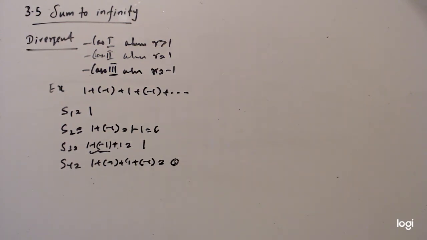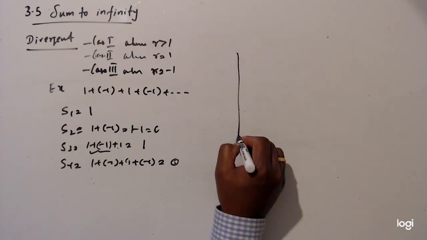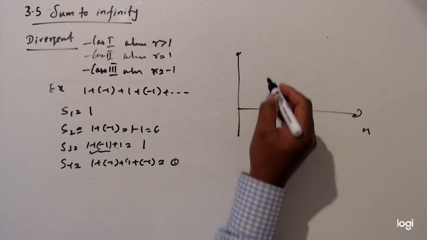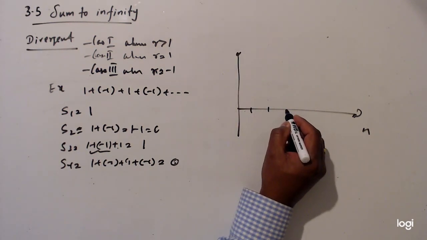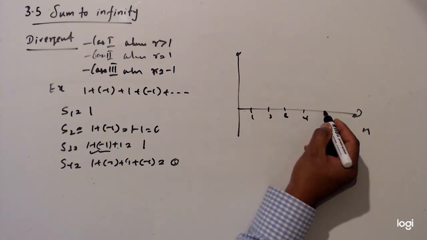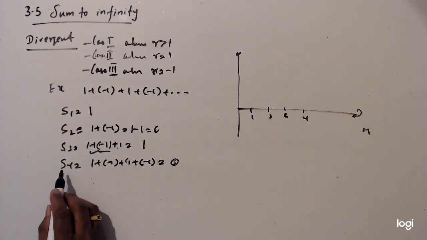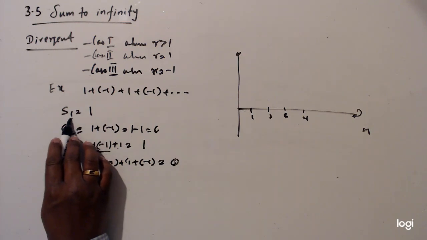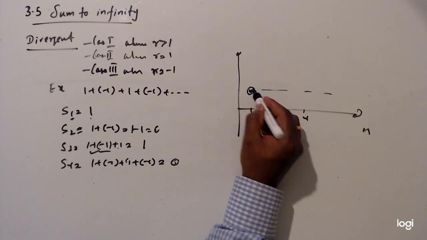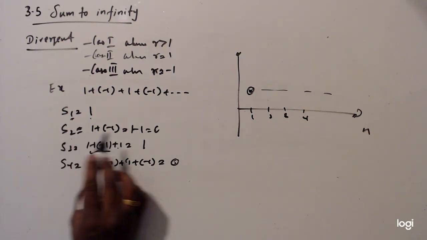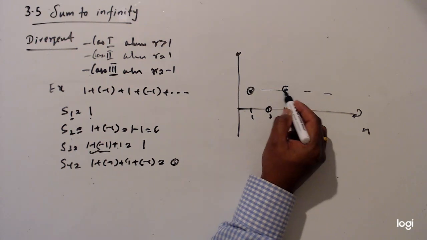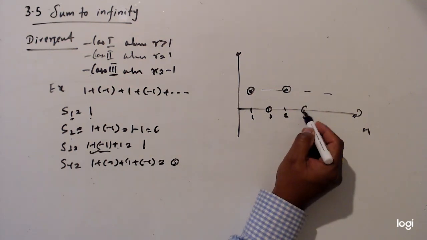Now you can see that this graph, what will happen, n is 1, 2, 3, 4. When n equal 1, the value is 1. N equal 2, the value is 0. N equal 3, value is 1. And n equal 4, value is 0.